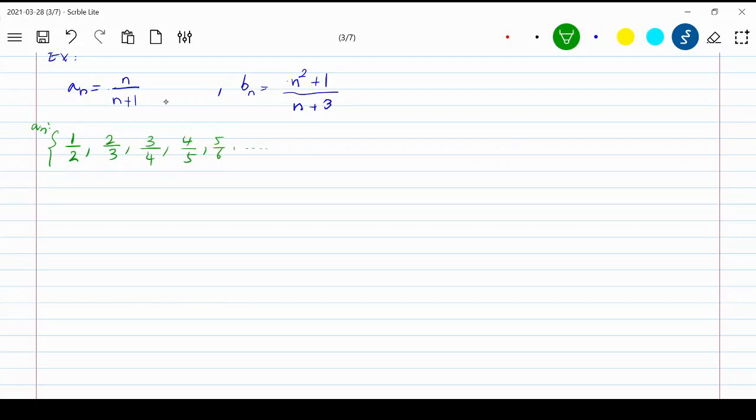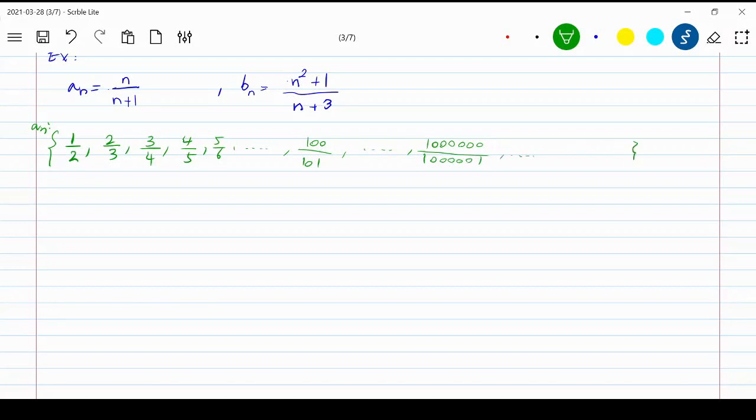As n is increasing, if I pick n to be 100, I'll get 100 divided by 101. If I pick n to be 1,000,000, I'll get 1,000,000 divided by 1,000,001, and so on.